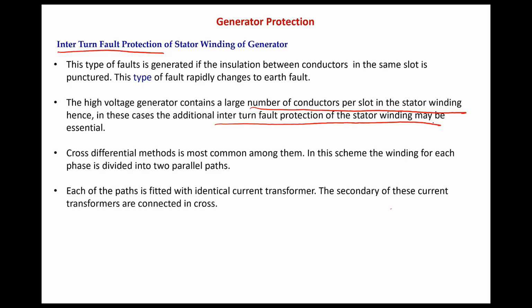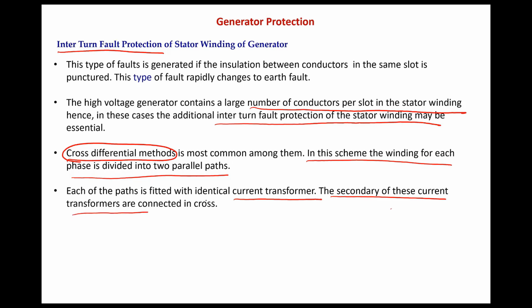For this, we mainly use cross differential schemes. In this scheme, the winding of each phase is divided into two parallel paths, and each of these paths is fitted with an identical current transformer. The secondaries of these current transformers are connected in cross.